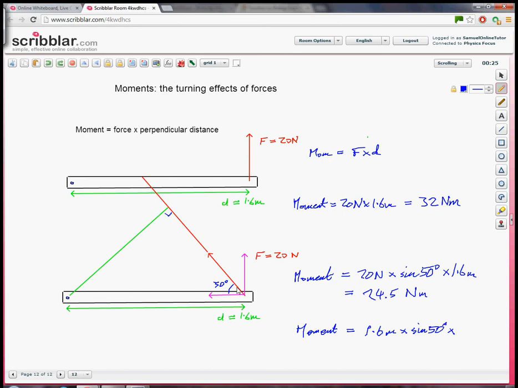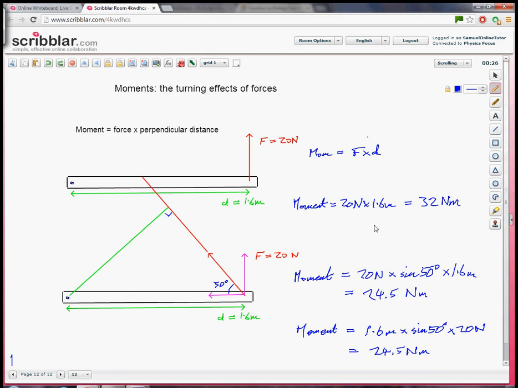And now we are looking at a force and the perpendicular distance. So we can simply multiply them together now. 20 newtons. Look at that equation there, and this equation here. Hopefully you can see there's not an awful lot of difference between them. Just written out in a different order. 24.5 Newton meters.